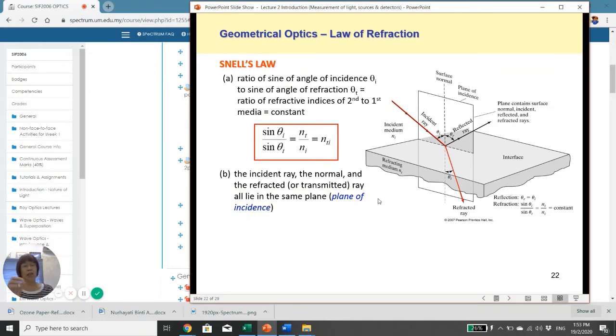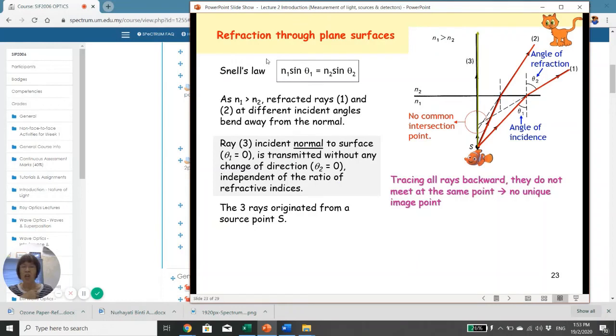And of course, there's another criterion to this law, that is the incident ray, the refracted ray and the normal to the surface all lie in the same plane, which is the plane of incidence. This is similar to our reflection law as well. So next, let's consider refraction through plane surfaces.